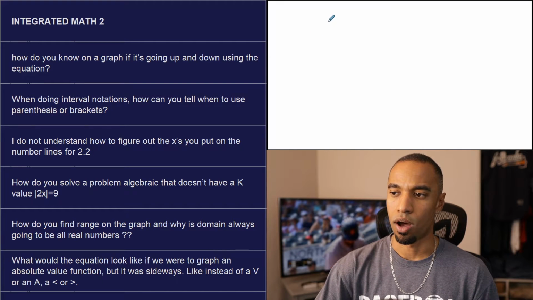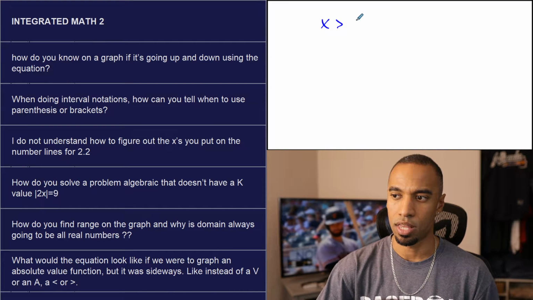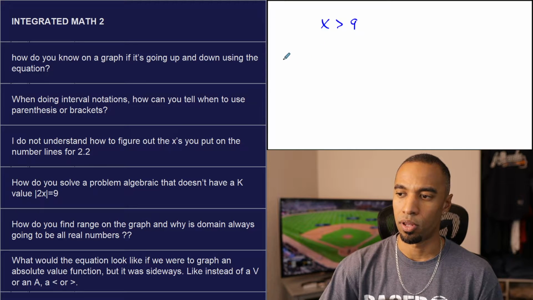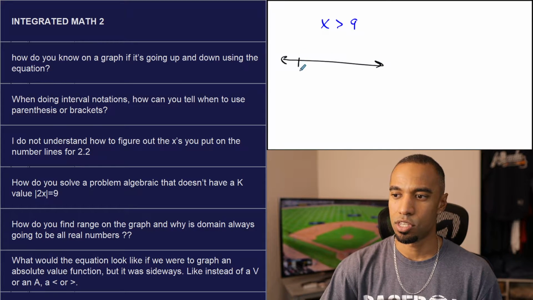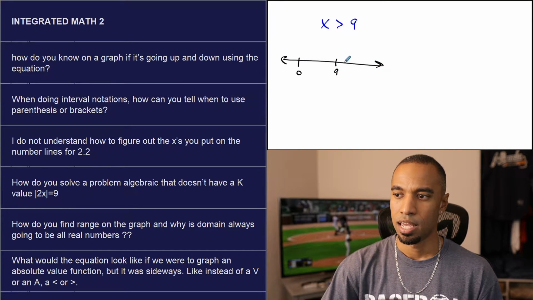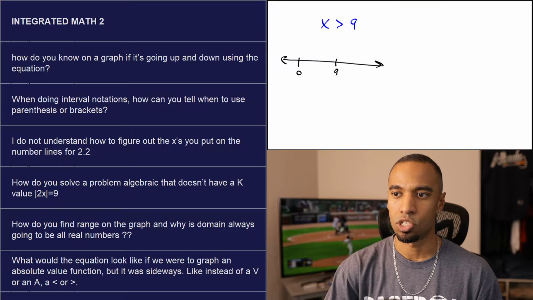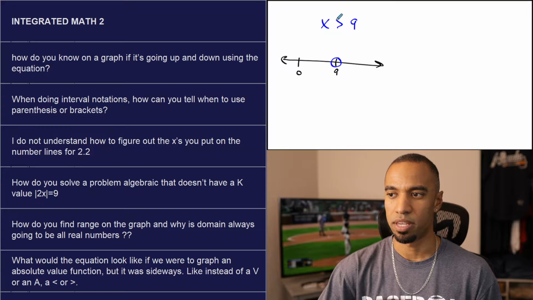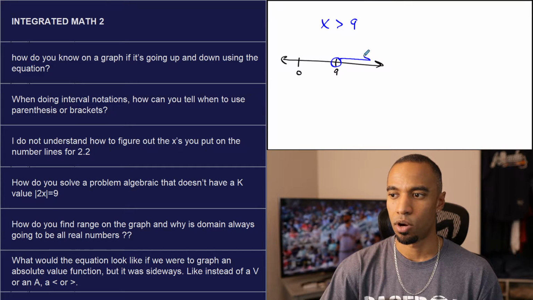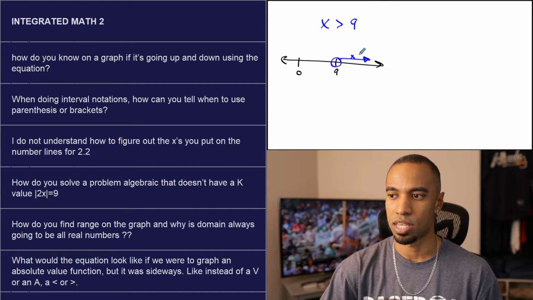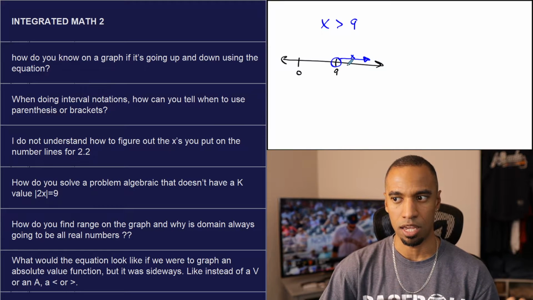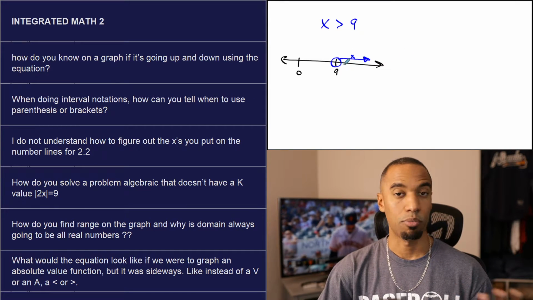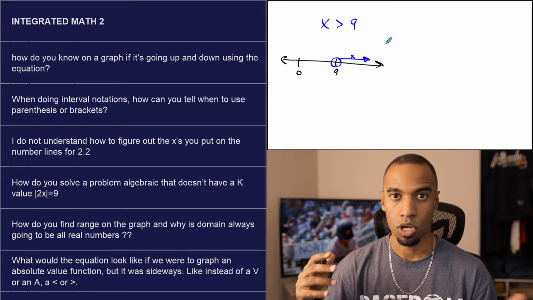So if I use an inequality such as x is greater than 9, we know that on a number line, that means that if this is 0 and this is 9, here are all the numbers that are greater than 9. So we construct 9 as a boundary point with an open circle because 9 is not included, and then we draw an arrow that way and say, hey, these are all the values that x can be. It can be 10 and 11 and 12 and 10.5 and 1,000 and going toward infinity.